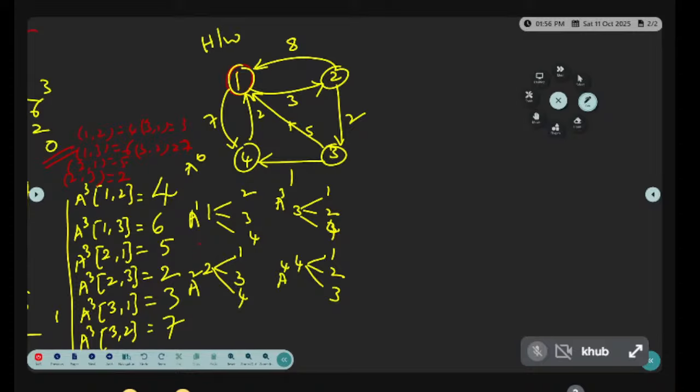Sometimes A power 2 and A power 3 may show no change. When you find A power 3, it looks the same as A power 2, meaning that even via 3 there is no change in the distance, no problem. If a fourth node is there, then you try it for the fourth node also, for A power 4. It may change. We'll identify whether there is any shorter distance. If so, we'll consider it, otherwise just leave it.